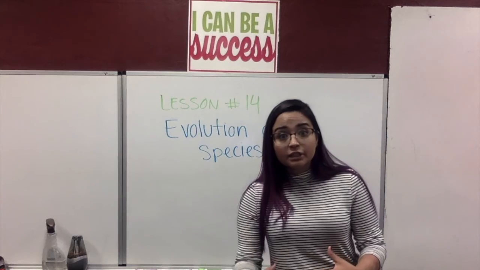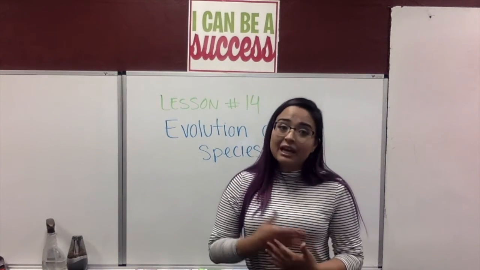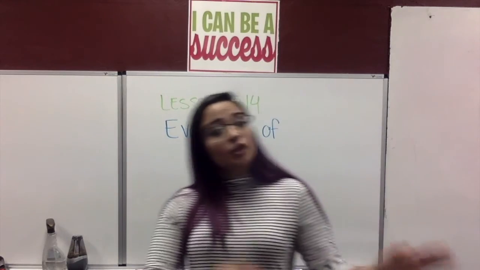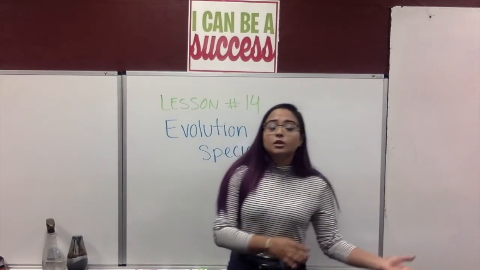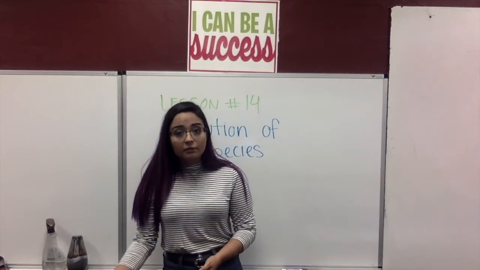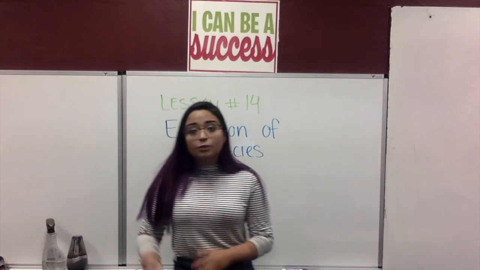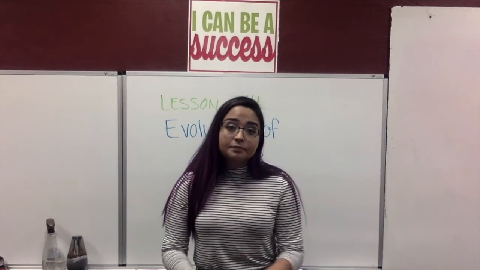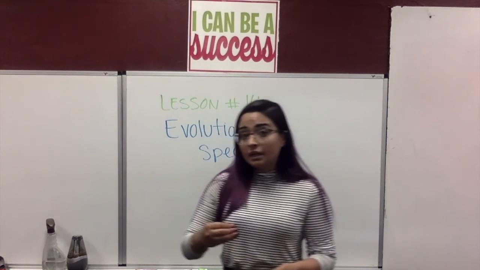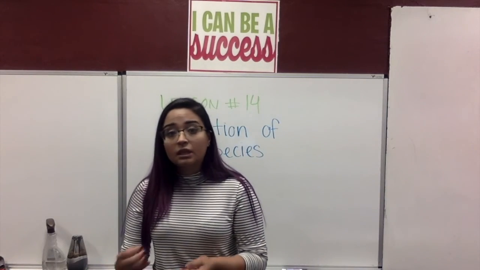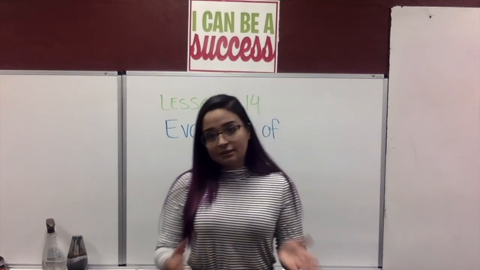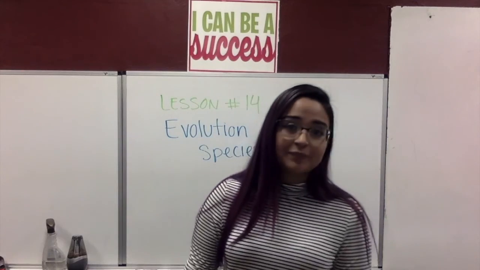They're similar enough for them to mate and create more of themselves. For example, human beings. You can mate with another human being of the opposite sex and procreate more human beings. Mice. Mice can mate with other mice and procreate more mice. That is a species, okay?